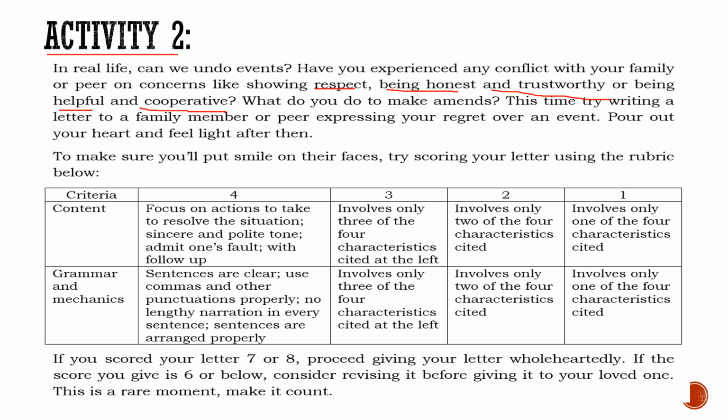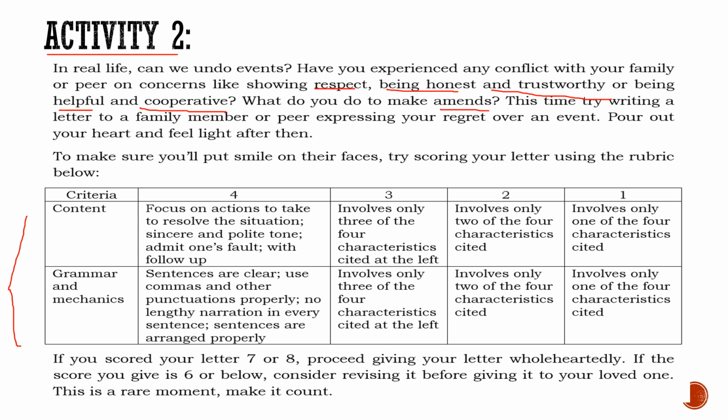What do you do to make amends? This time, try writing a letter to a family member or peer expressing your regret over an event. Pour out your heart and feel lighter after. To make sure you will put a smile on their faces, try scoring your letter using the rubric below. Let them score you.